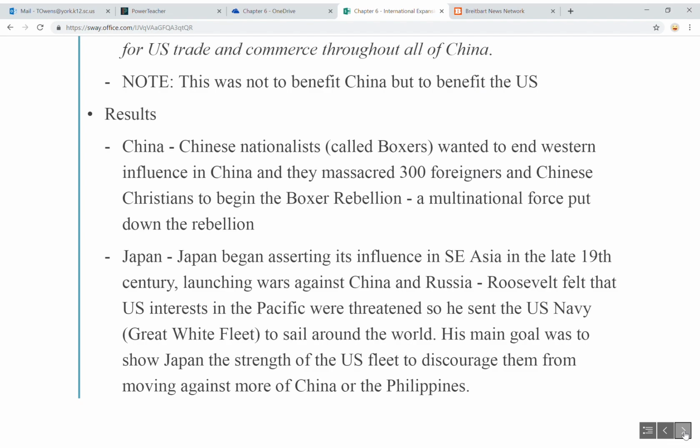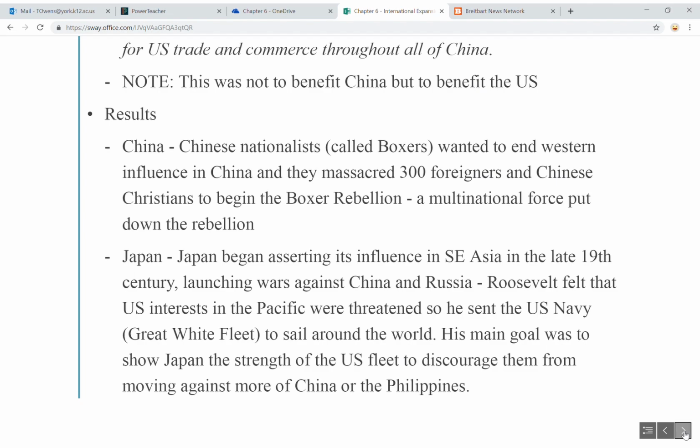And again, influence is all who are living by Western standards, okay? So what they're going to do is massacre 300 foreigners and Chinese Christians, and thus begin the Boxer Rebellion. Why are they killing Chinese? If they're just looking at Westerners or Western influence, why kill the Chinese Christians?